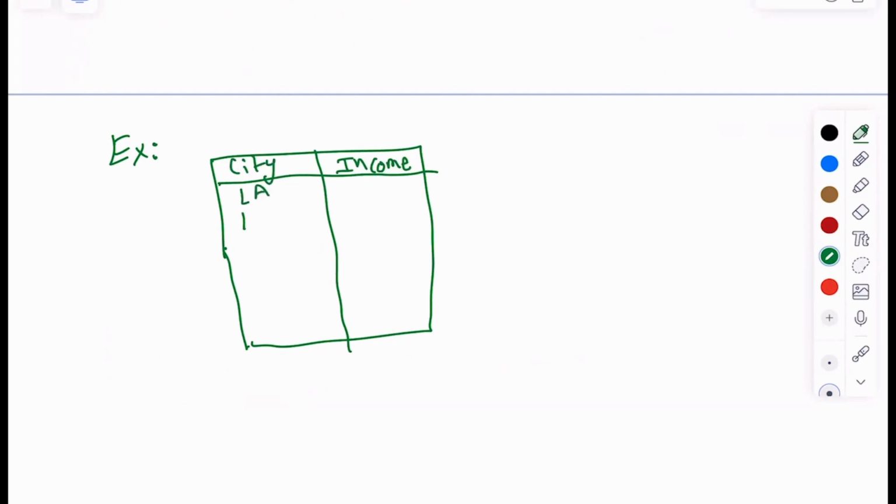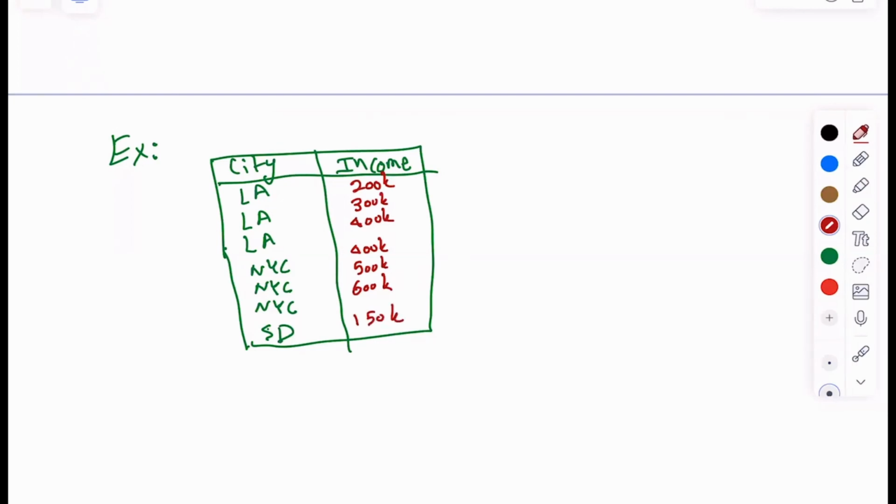We have LA, LA, LA, New York City, New York City, New York City, and then we have only San Diego here. Here I have 200K, 300K, 400K. New York, let's say 400K, 500K, 600K. I'm just making these numbers up. And then San Diego, I have only, let's say, 150K.